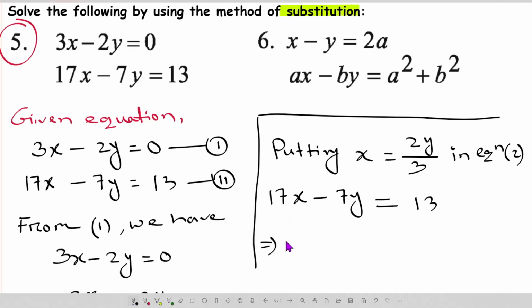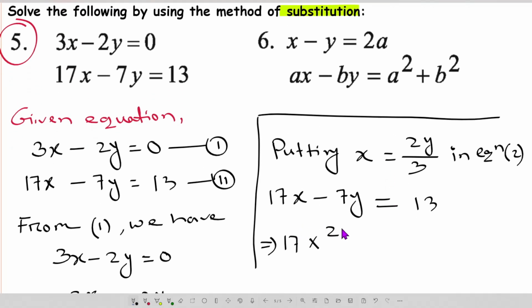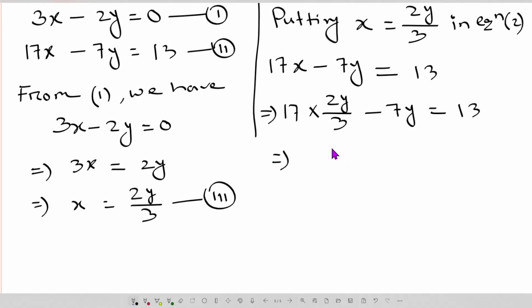Then 17 times x, which is 2y by 3, minus 7y equals 13, right? Then we can take the LCM, which is 3, so 17 times 2 which means 34y, minus 7 times 3 is 21y, equals to 13.